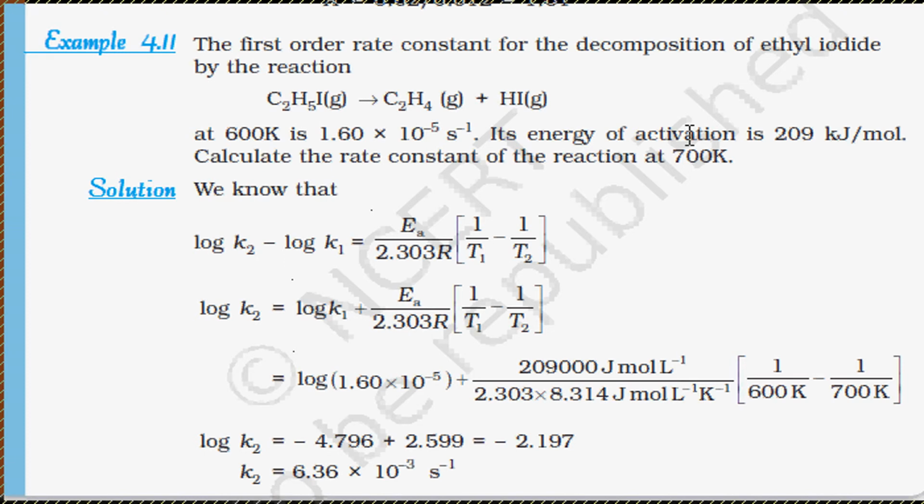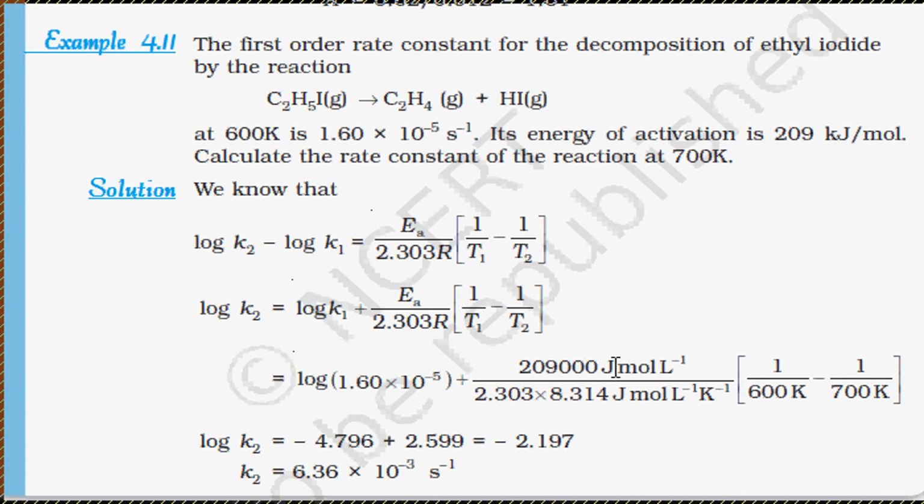Then you are given K1, rate constant of decomposition, that is K1 as 1.60 into 10 raised to minus 5, and you are given energy of activation 209 kilojoule per mole, which is converted into joule per mole by multiplying this into 1000, that is 10 raised to 3.